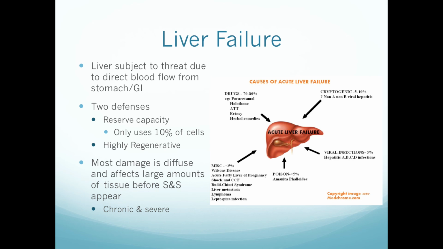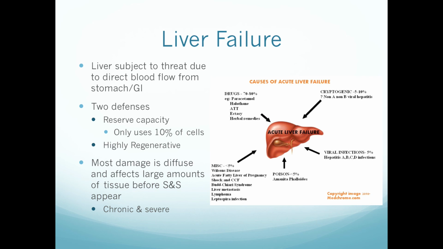However, because of the portal system, which is meant to deliver nutrients and oxygen to the liver, it drains the intestines and shunts right up to the liver. That also means anything toxic that's ingested will go directly to the liver and it will be subject to direct blood flow from the GI tract.